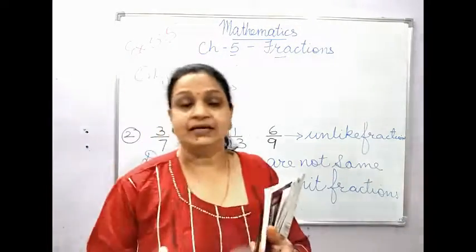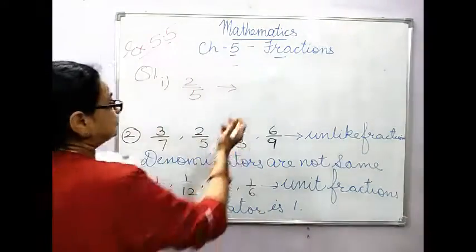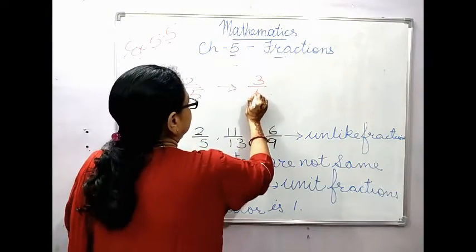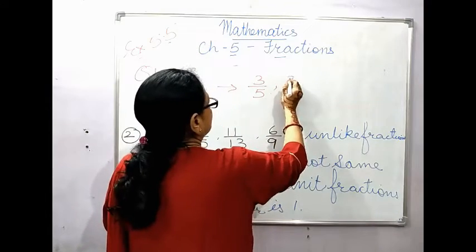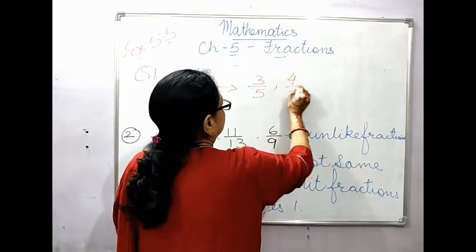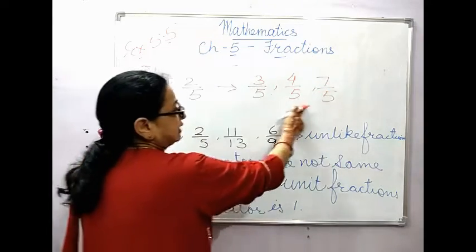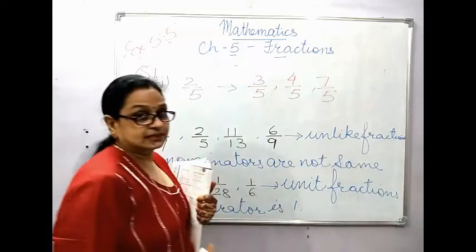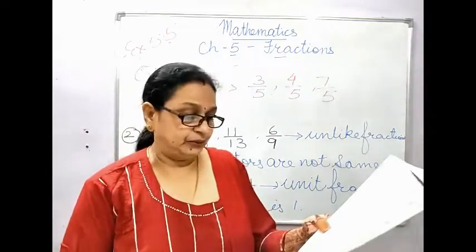Like fractions means denominators will be same. Any 3 you can make: 3 upon 5, 4 upon 5, 7 upon 5, with 2 upon 5 already given. These are all like fractions because the denominators are same. In the same way you can do the other two.